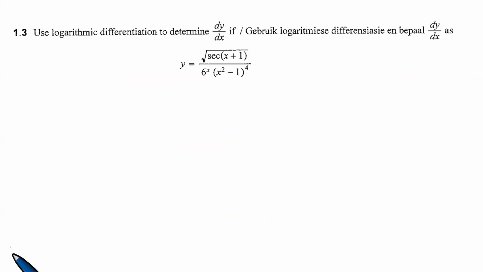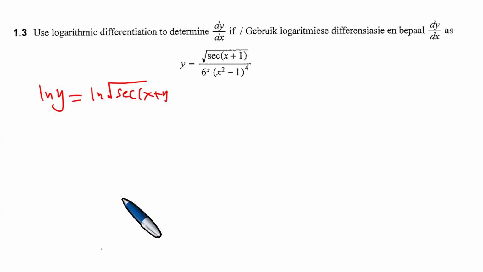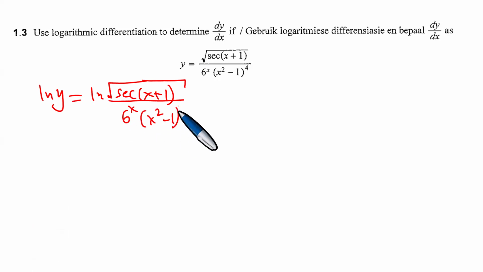Right, so if you use logarithmic differentiation to find the derivative of this, you need to take the log, which is ln y, the ln of the right side, the sec of x plus 1 divided by 6 to the power x squared minus 1.